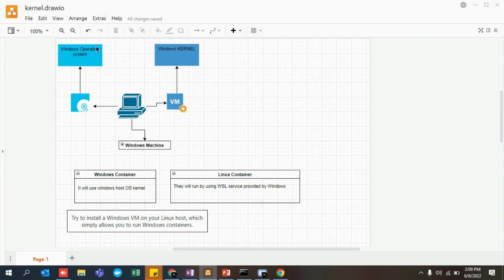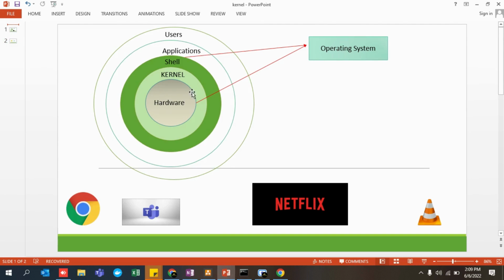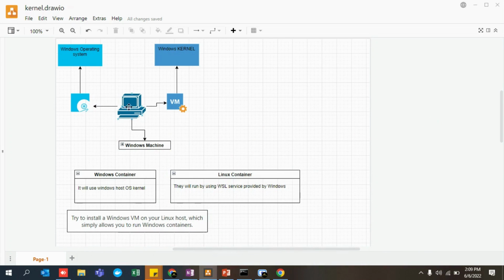It will use the host OS kernel, so it will use the kernel of Windows. Again, back to this diagram, if it is a Linux operating system, it will use the kernel of Linux. If it is macOS, it will use the kernel of macOS, right? So this is what it means over here. So if you create a Windows container, it will run simply using the Windows OS kernel.